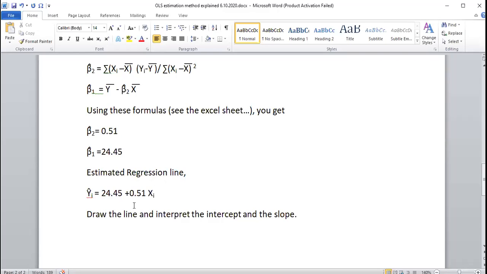Professor, when x is 0, then the intercept is showing the value for expected y? Yeah, average y. On average y is 24.45 when x is 0. How do you interpret the slope?